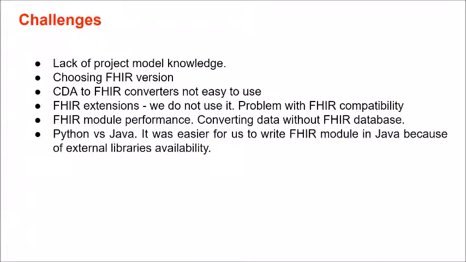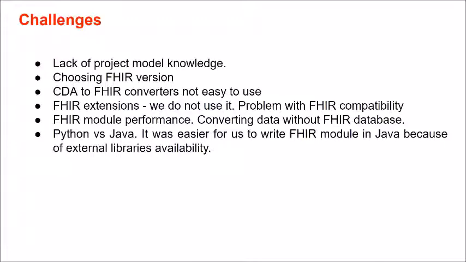FHIR module performance. I think one issue which needs to be thought about before implementation, and we haven't implemented and used it yet in openIMIS. However, it would probably be nice to also use a FHIR database, because when you have conversion every time, for example, a request is sent to openIMIS and you want to convert an openIMIS claim to a FHIR claim, every time there's a conversion.